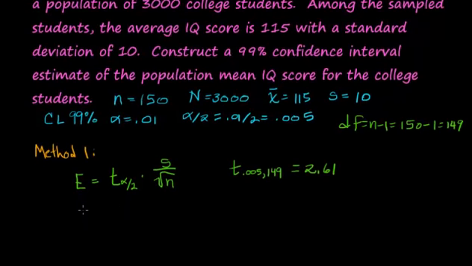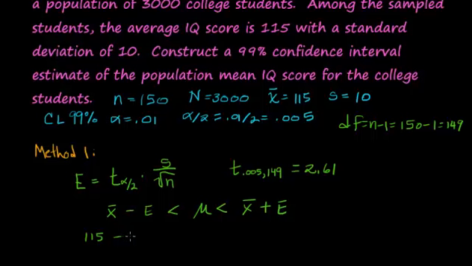Now to construct our confidence interval estimate, I take my sample mean minus the margin of error, and my parameter will lie between that number and the sample mean plus the margin of error.